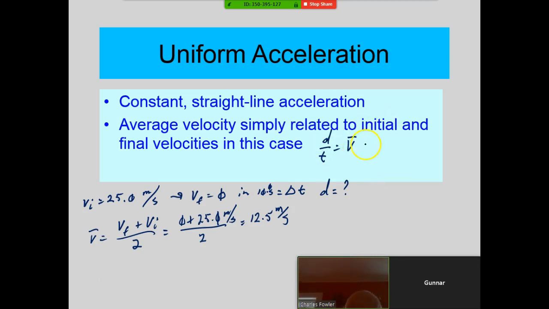Well, then multiply both sides of this by T. Your T's go out, and you have D is equal to V bar times T. Well, here's your V bar. That's 12.5 meters per second. Multiply that by your 10.0 seconds. The seconds cancel out, and that gives you 125 meters.